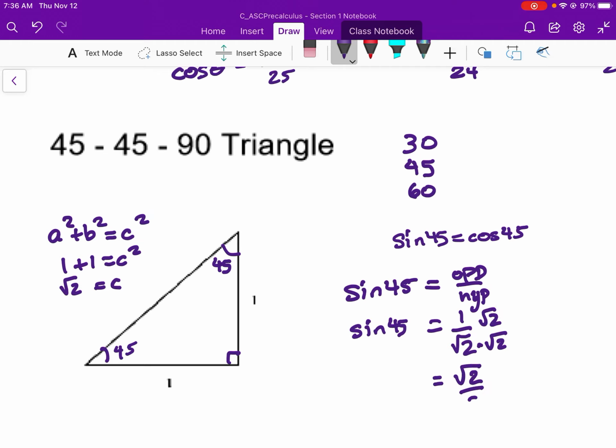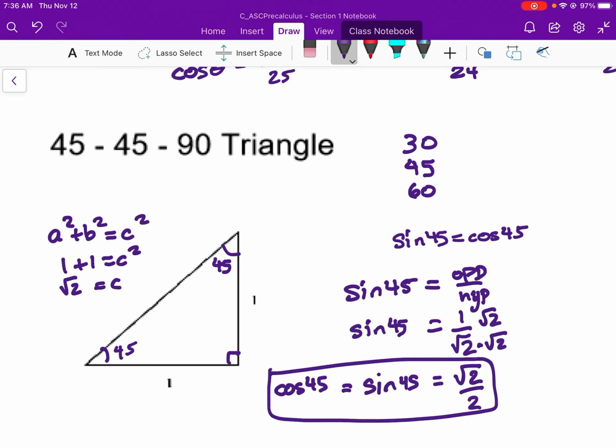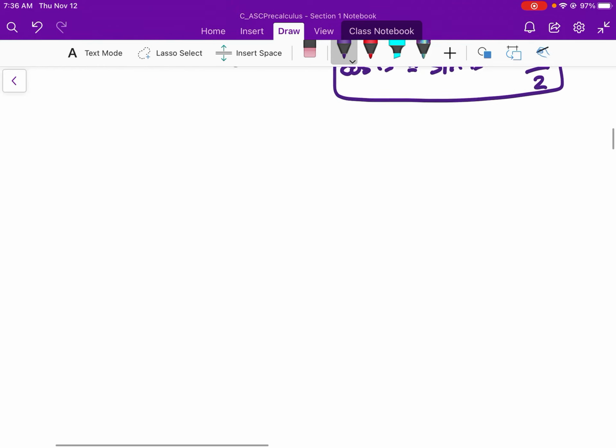So the sine of 45 is the square root of 2 over 2. And so is the cosine. So those are easy to remember. So these things need to be into your brain. Okay, so that's 45, 45, 90. And if you don't remember exactly, you can always just figure it out like I just did, which is time consuming, but not that hard.